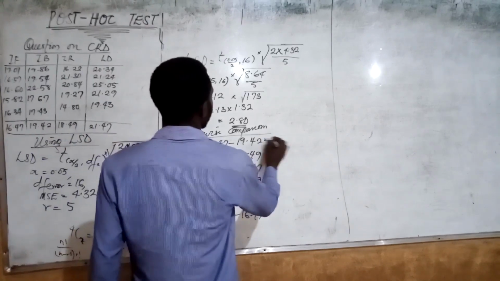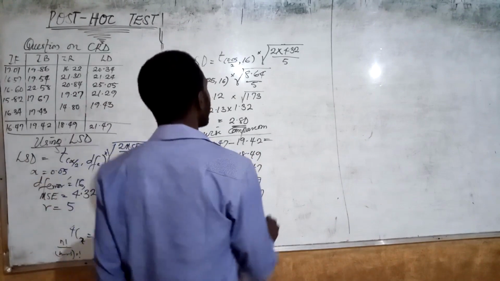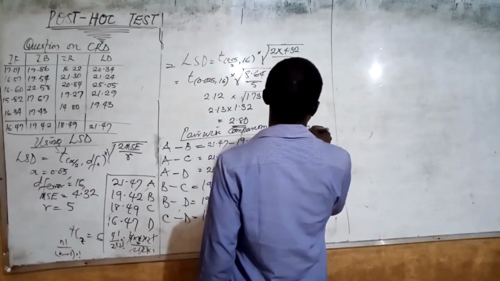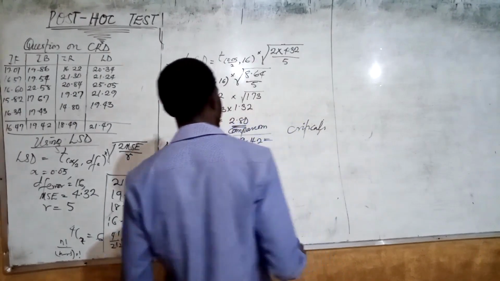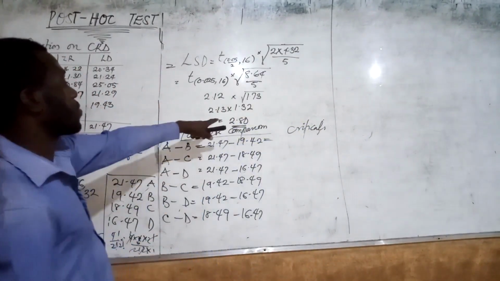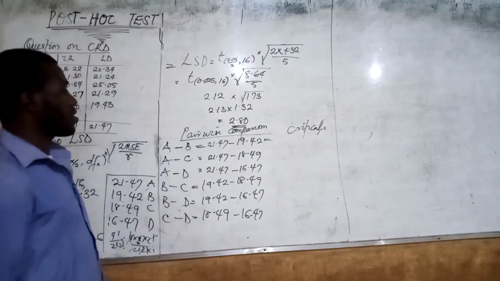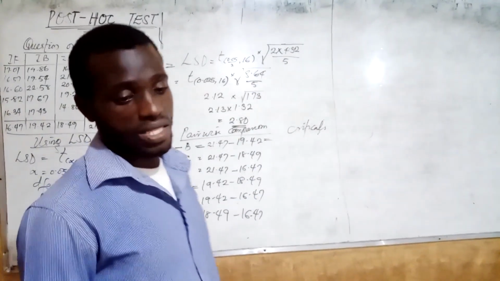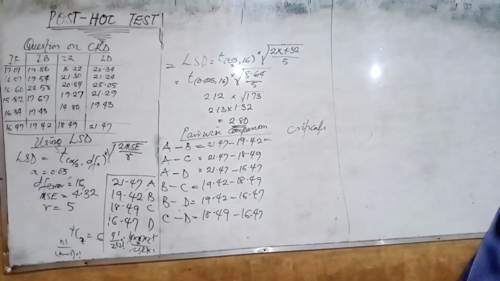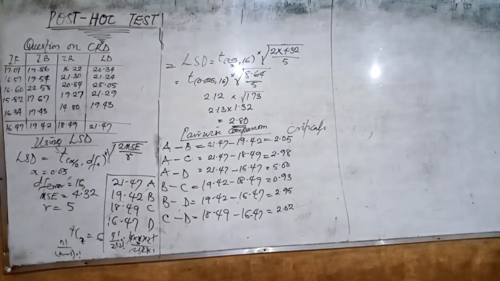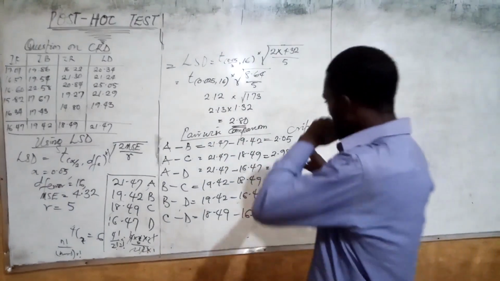Alright, so let's begin to get our critical values. These are the values that we use to compare with our LSD value. By the time we subtract the following, I'm going to write the answers down. These are all the critical values.